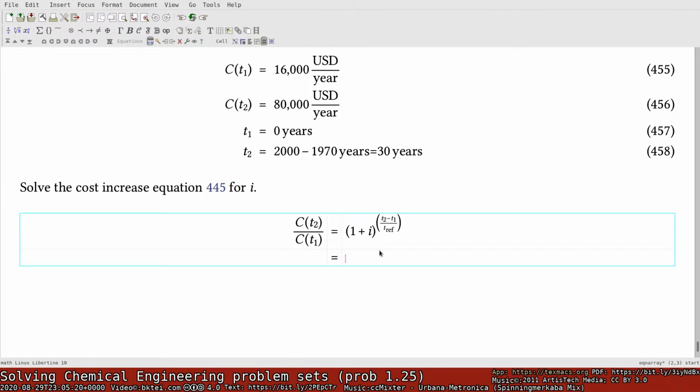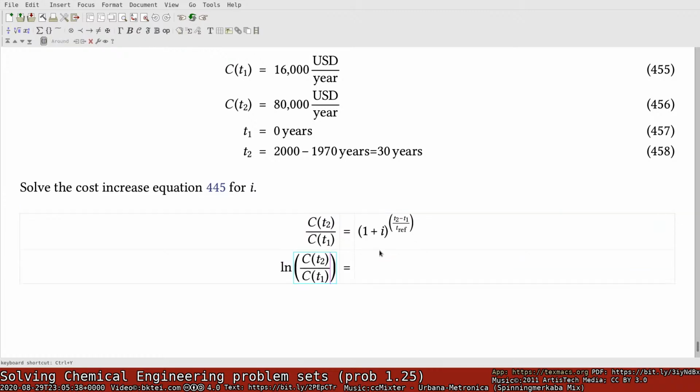For I. Let's solve this for I. So first we need to take, let's see, the natural log to get that out. So natural log of that. Actually, let's use brackets instead. Natural log of a bracket of this.